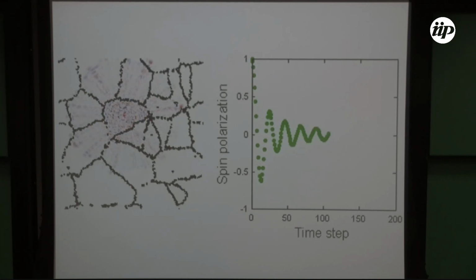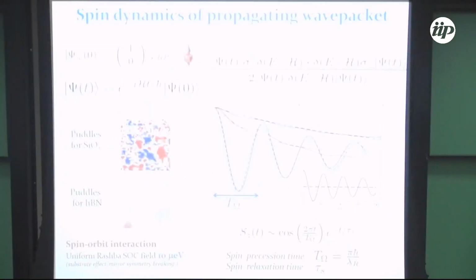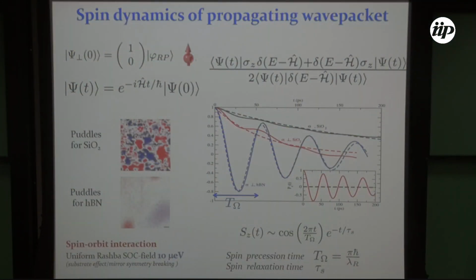So you see red, blue, because you precess. But then all the spin information moves in all directions, and you lose the information. You can do this with this type of brute force exact tracking of the spin polarization, the spin expectation value.